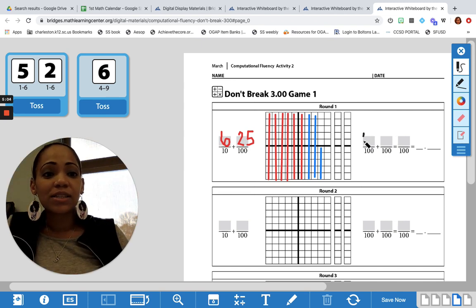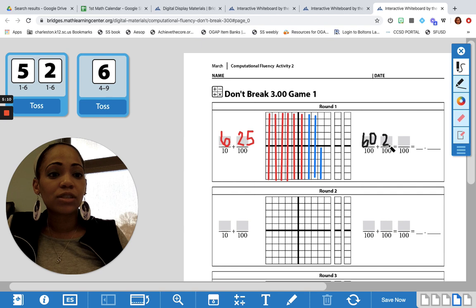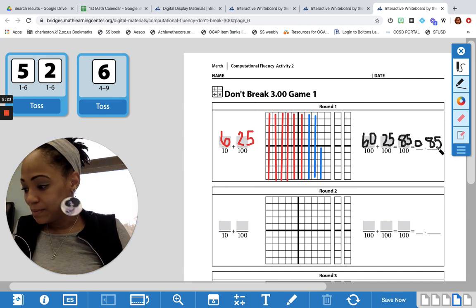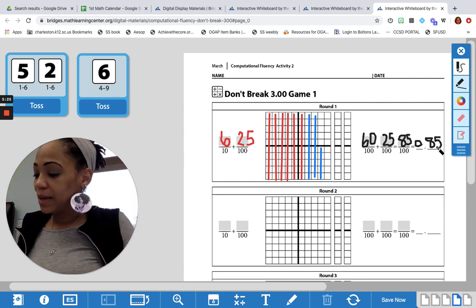Good, it's worth 60 cents. So I got 60 cents, 60 hundredths. And I already know I had 25 hundredths, so 60 plus 25 would give me 85 hundredths. And I'm going to write it as a decimal. All right, makes sense? All right, perfect.